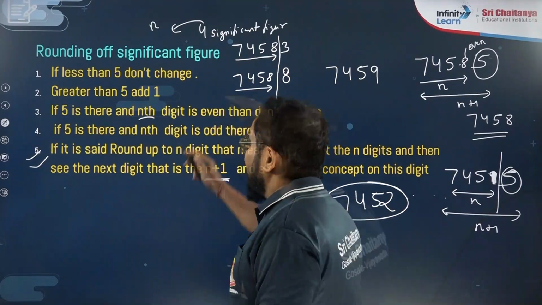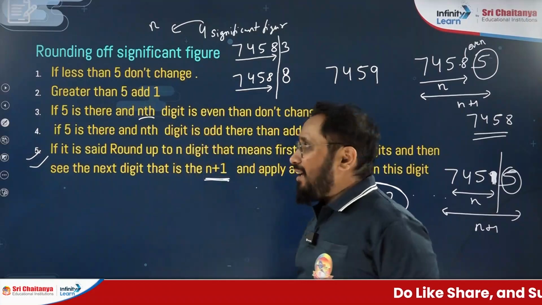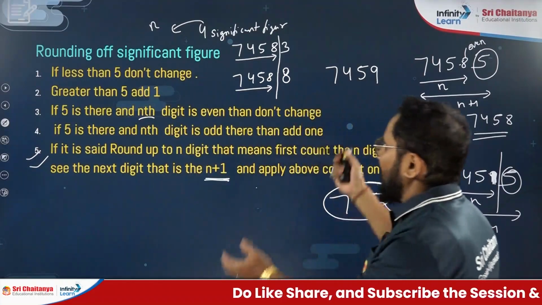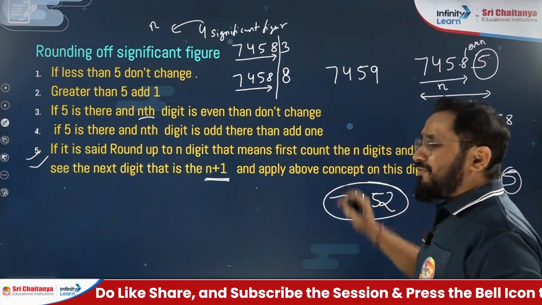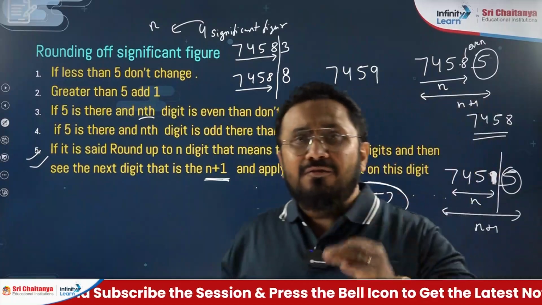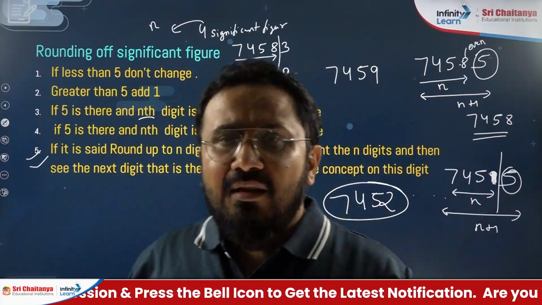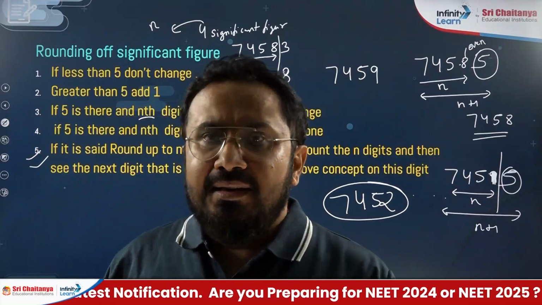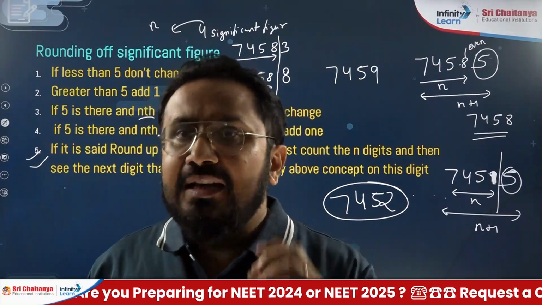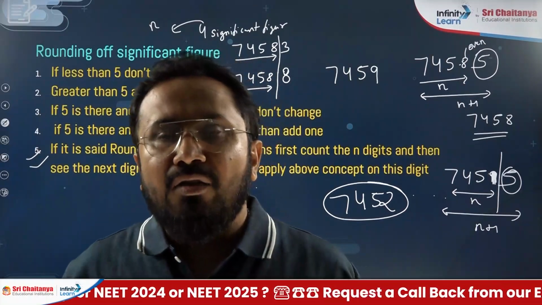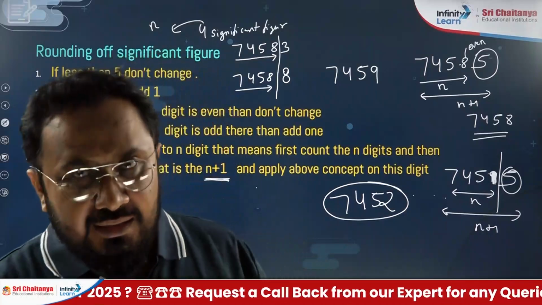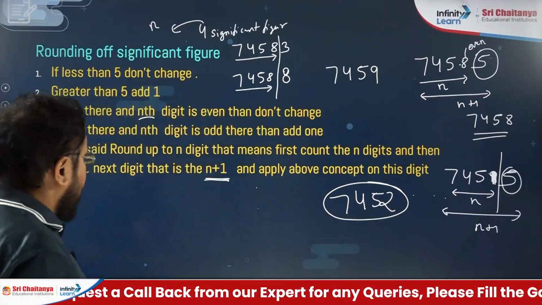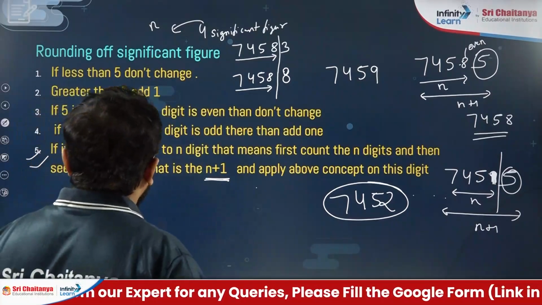It may be less than 5, greater than 5, or 5. In case of 5, there are 2 branches. Look at the digit just before it: if it is even, no need to change. If it is odd, then definitely you add 1. So this is done. I hope you have understood.